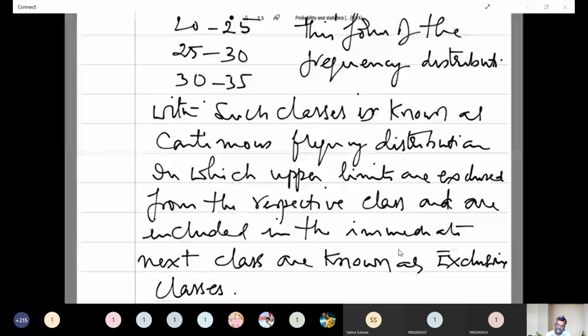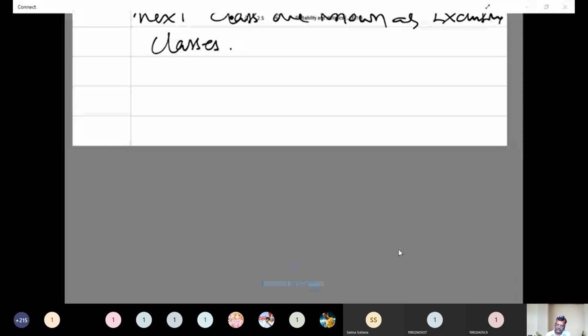Now we are studying the histogram. A histogram is nothing but a bar graph.